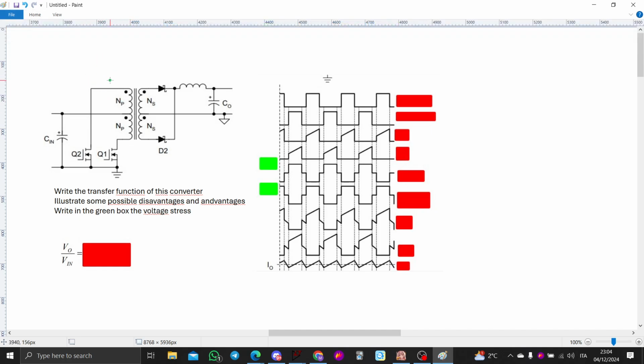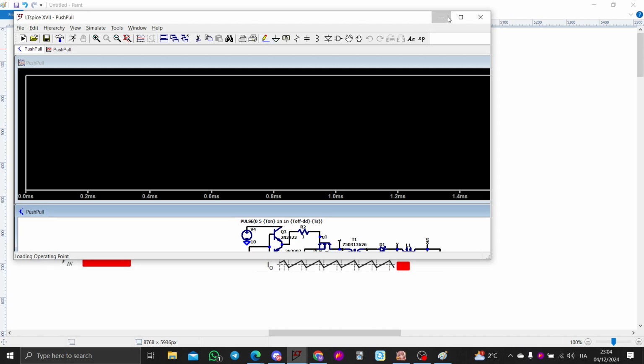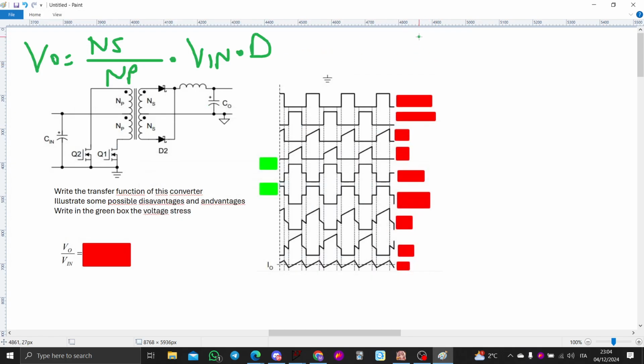Well, basically, push-pull, full bridge and half bridge all have the same transfer function. Basically, they always have Ns over Np times Vin, so VO equals D times Vin, because the buck has VO equal to D times Vin.